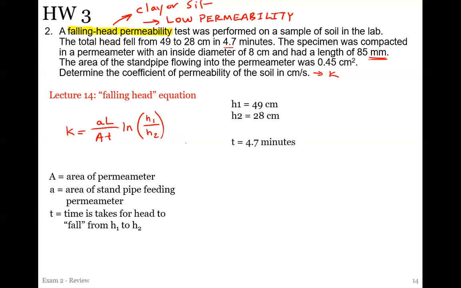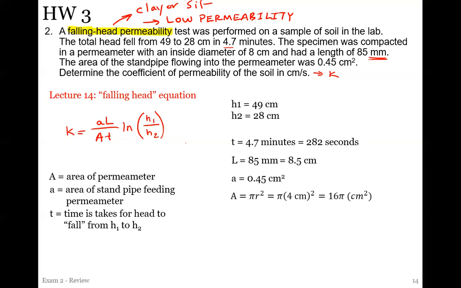Our time was 4.7 minutes, which is equal to this many seconds. Our L, the length, is 85 millimeters, which is equal to 8.5 centimeters, just to get it all in the same units here. Our lowercase a was given to us, that's the standpipe, 0.45 centimeters squared. And then our capital A we need to calculate.